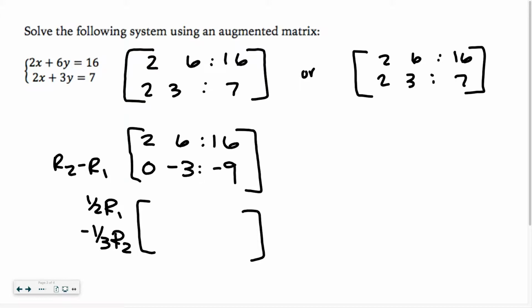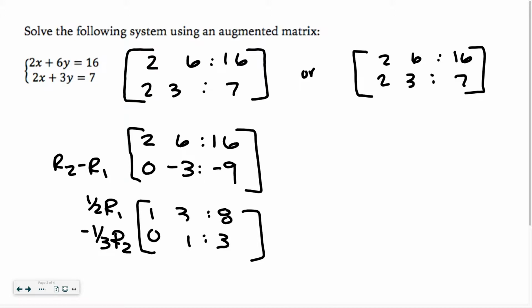So on the first one, everything goes down by a half, so I'll get 1, 3, and then 8, and then multiply by negative 1/3 in the second row, I'll get 1 and positive 3. And you might have done those as two different steps, that's fine. I usually don't do 2 row operations at once, but multiplying by a scalar seems pretty reasonable.